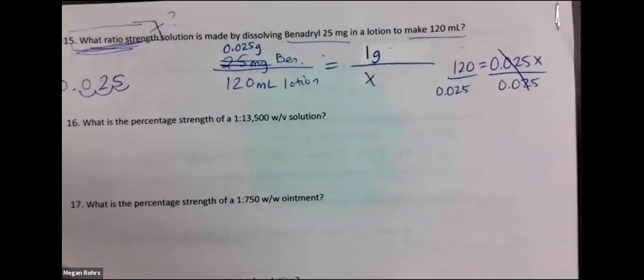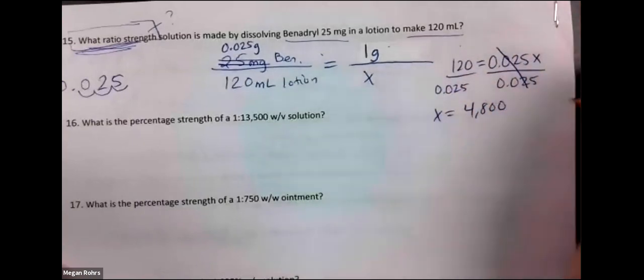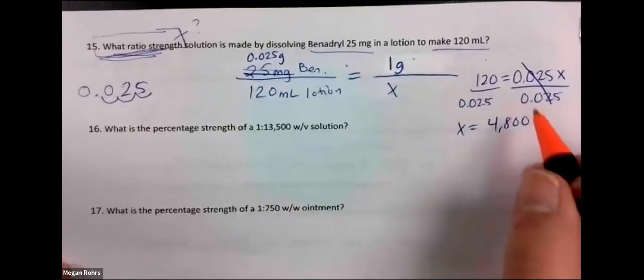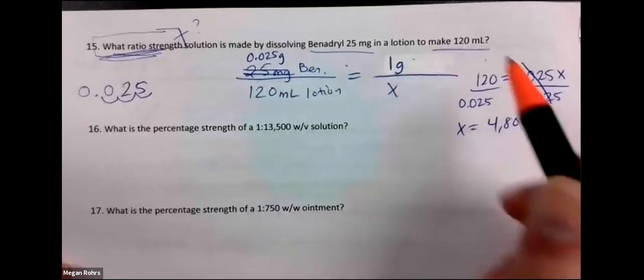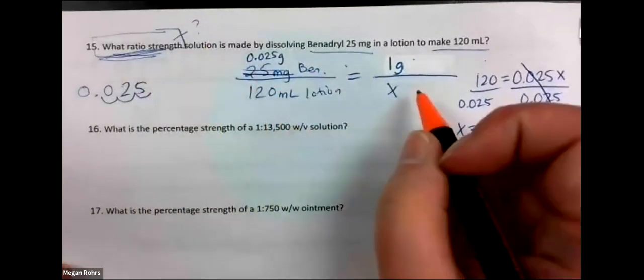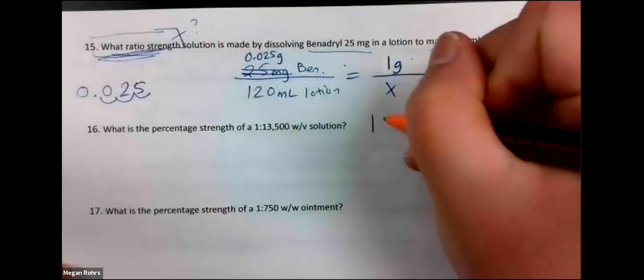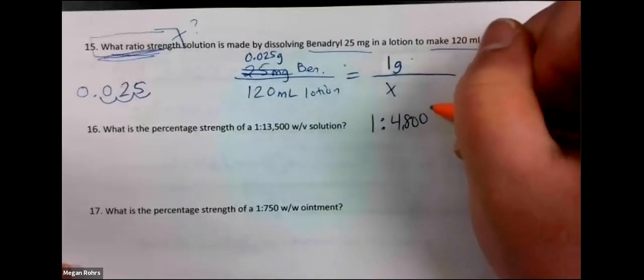So 120 divided by 0.025 leaves me with 4,800. Okay, so that would be 1 over 4,800. We're looking for the ratio strength. Always leave it in a ratio form. So it would be 1 to 4,800 here.